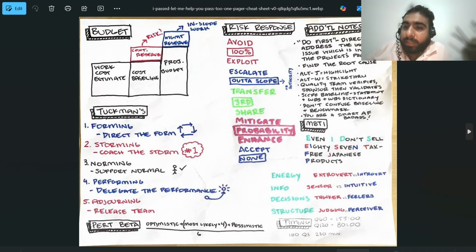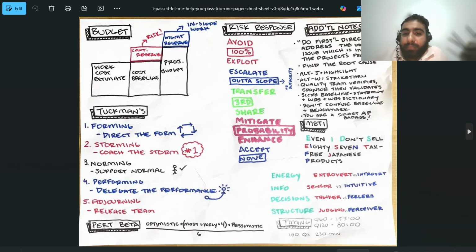The scope baseline is a combination of the scope statement, work breakdown structure, and the work breakdown structure dictionary. Don't confuse baselines with benchmarks, because benchmarks are for comparison and the baseline is for how much work we have done.